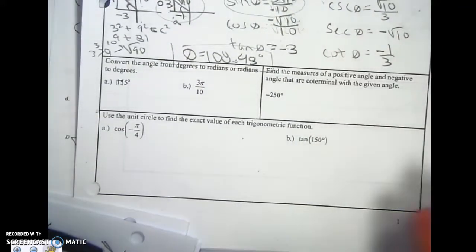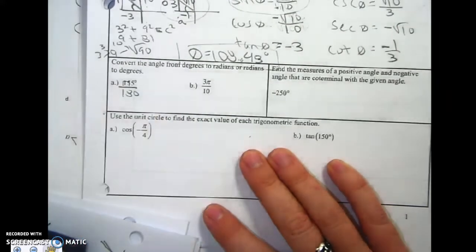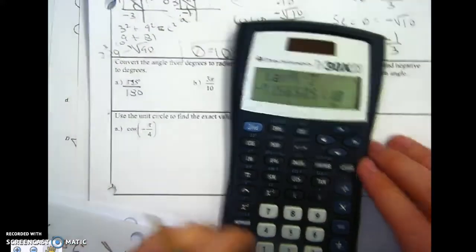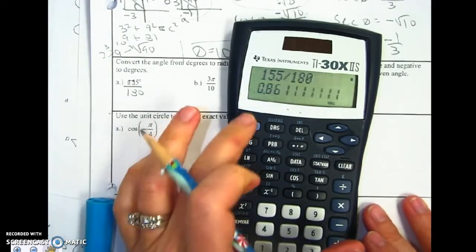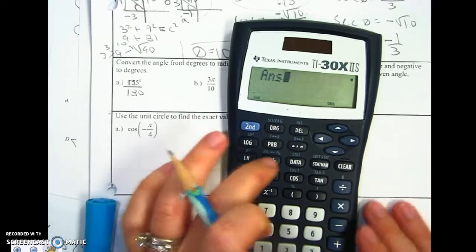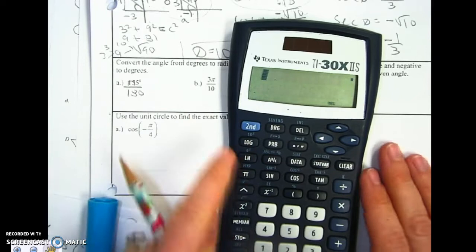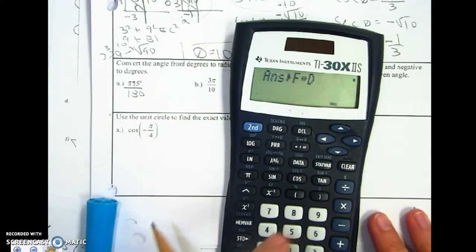Okay. Convert it from radians to degrees, so it looks like that says 155. I divide by 180, so I can go 155 divided by 180. Excuse me, all my sniffles.